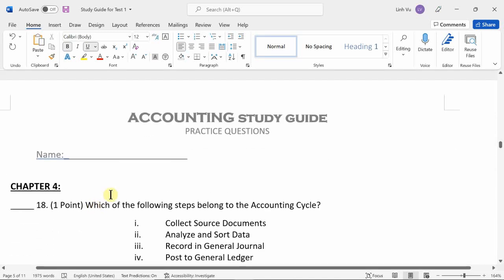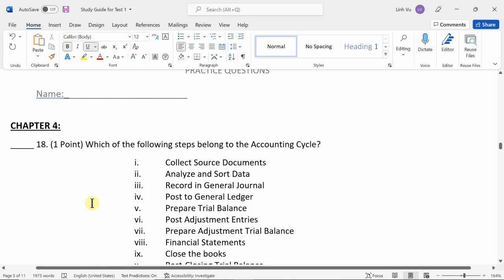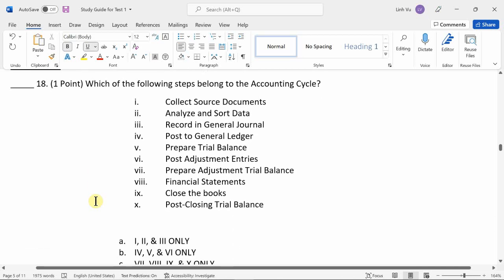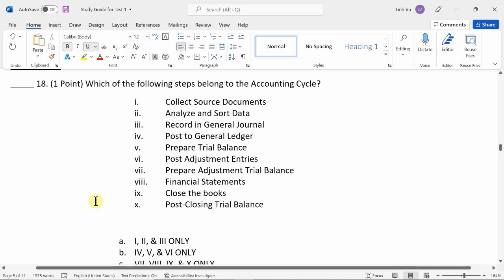All right. Moving into chapter 4 territory here. Question number 18. Which of the following steps belongs to the accounting cycle? Okay, so here you have a list. Which one belongs to the accounting cycle?